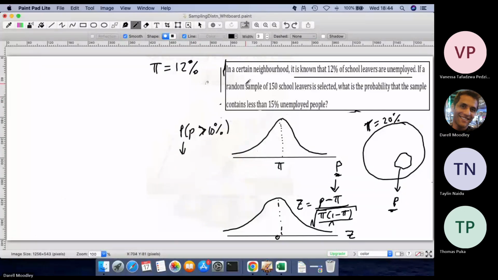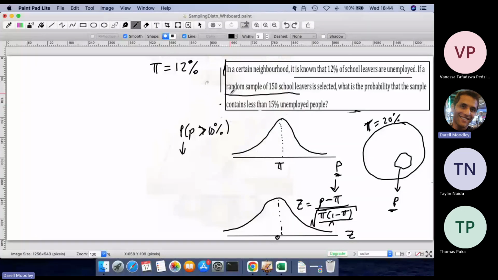If a random sample of 150 school leavers, now I encourage you to try and determine what symbol the 150 represents. What do you think the symbol is for that 150? Maybe write it in the chat. This is important because you're going to have to answer this question come exam time, so it's important that you make an attempt now.